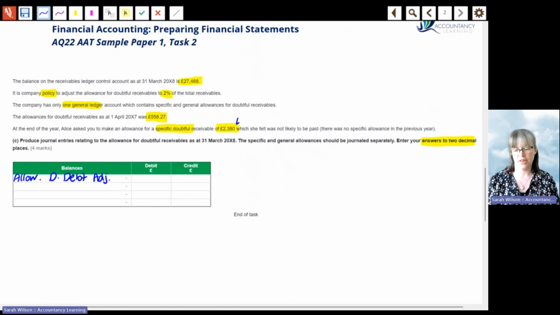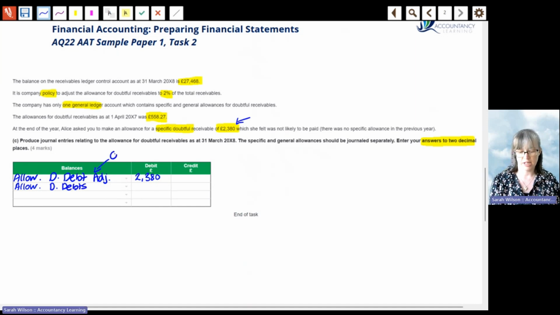And because this is not expected to be received, that's going to be an expense to us. So that is going to be our debit into the allowance for doubtful debts adjustment. So the opposite side to that entry is our provision account of our allowance for doubtful debts.